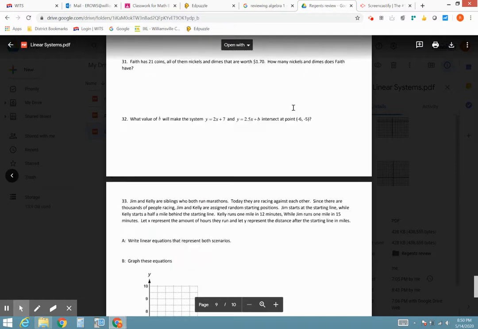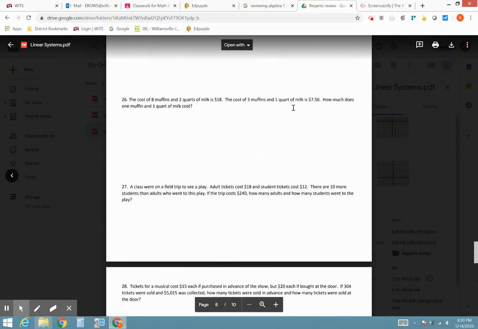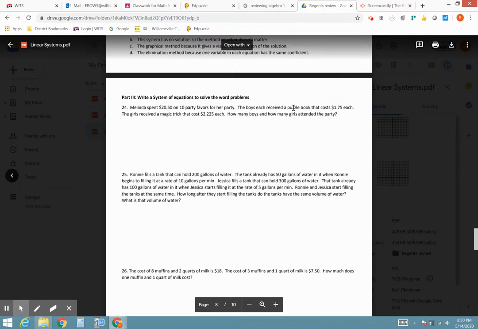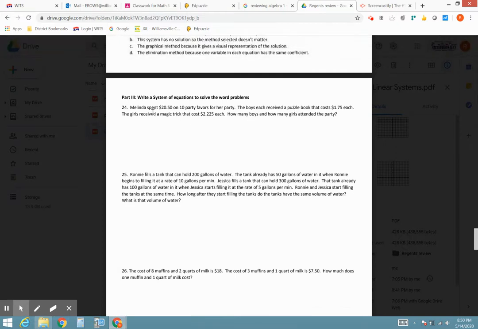Okay, so let's pick one of these. Let's pick, it looks like 24 came from an exam. Melinda spent $20.50 on 10 party favors for her party. The boys each received a puzzle book that cost $1.75 each. The girls received a magic trick that cost $2.22 each. How many boys and how many girls attended the party?